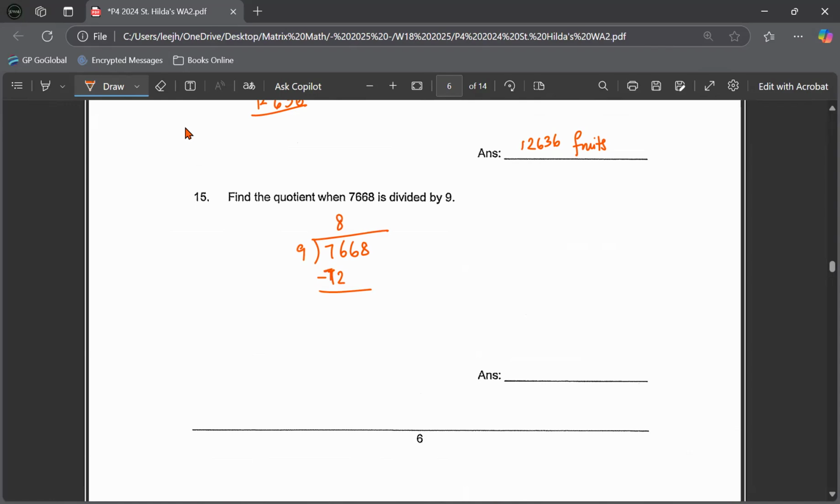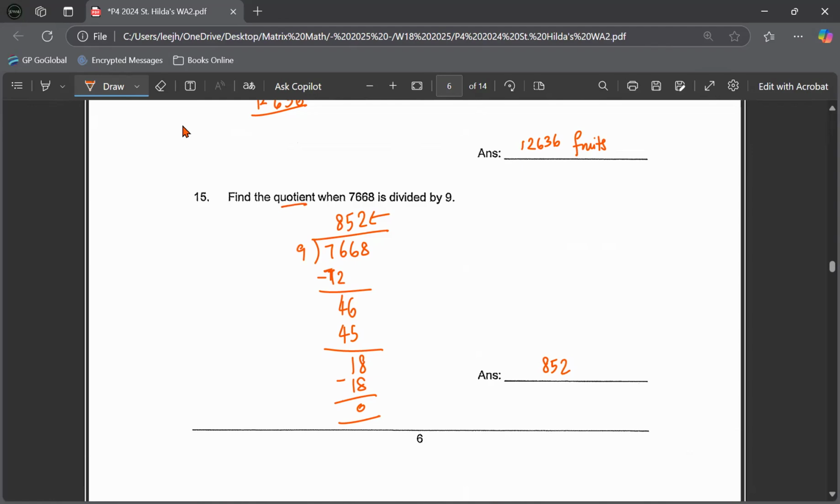So this would be 4. Bring down the 6. 46 divided by 9, nearest is 5, which is 45. Minus, 1. Bring down the 8. 18 divided by 9, 2. So no more remainder. So your answer, I want the quotient. Your answer is this.